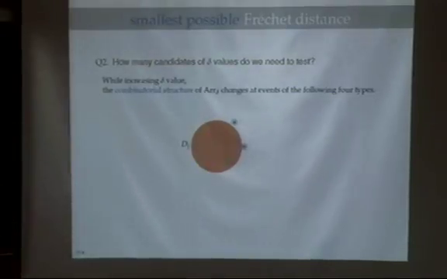If you increase the delta value further, then two delta disks may come in contact, may touch each other. If you move further, then two blue disks and the dog disk may coincide. If you move further, then three blue disks may coincide.